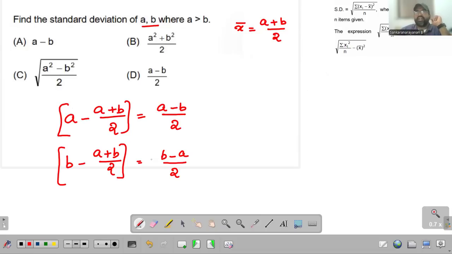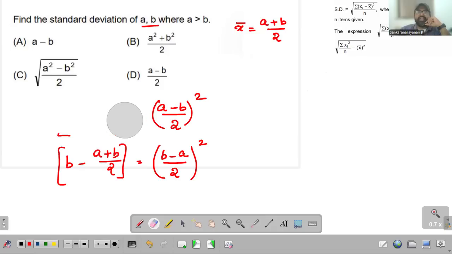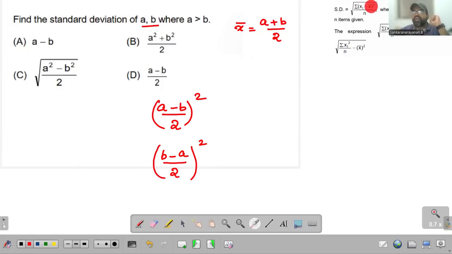Now what is the next step? You find its square. That will be (A minus B) by 2 the whole square, (B minus A) by 2 the whole square. So we have reached up to this point.